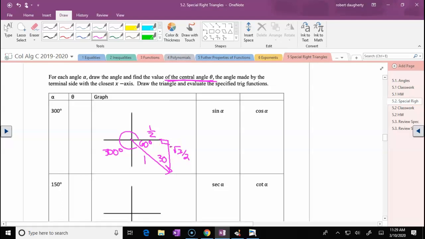Now let's just go figure out. So the central angle is this angle right here. So that's 60 degrees. That's my reference angle or my central angle. So what's the definition of sine? Yeah, opposite over hypotenuse. So looking at that triangle, what is the sine of that angle?